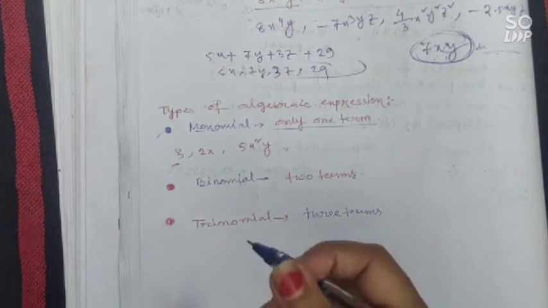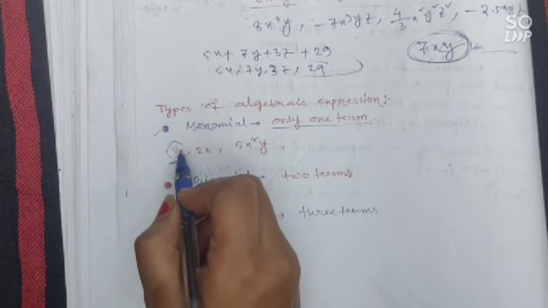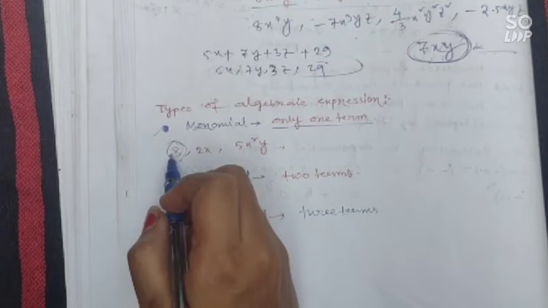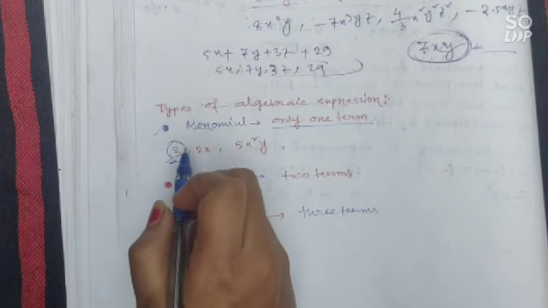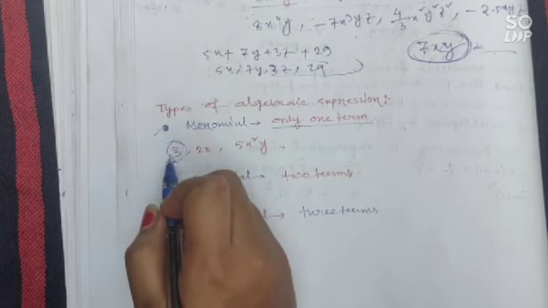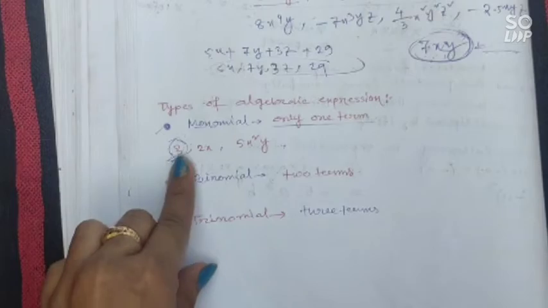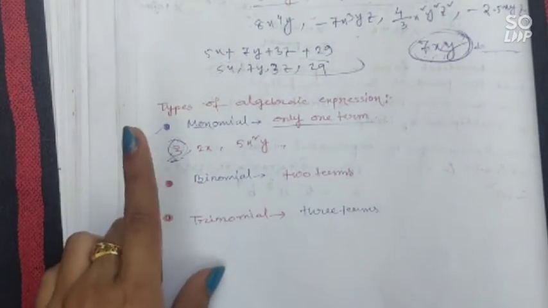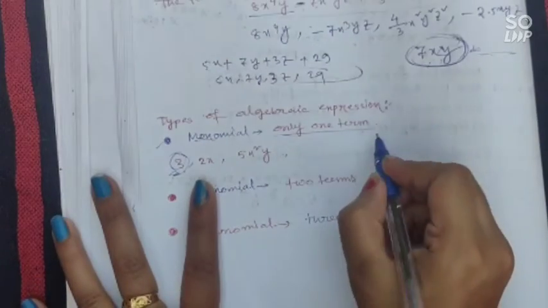So this is a constant, so this is an algebraic expression, but it contains only one term, because no parts are connected with this using a plus or minus sign. So the number of terms in this algebraic expression is 1. So this is called a monomial. 2x.